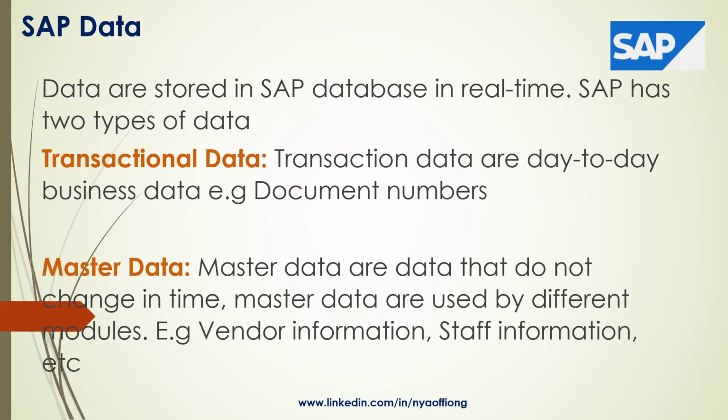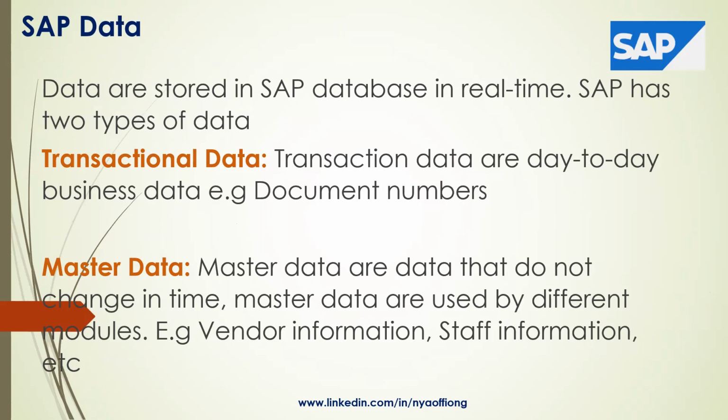SAP data. SAP data are stored in the SAP database in real time. SAP has two types of data: the transactional data and the master data. The transactional data are day-to-day business data. For example, the document number is an example of transactional data. The master data do not change in time.